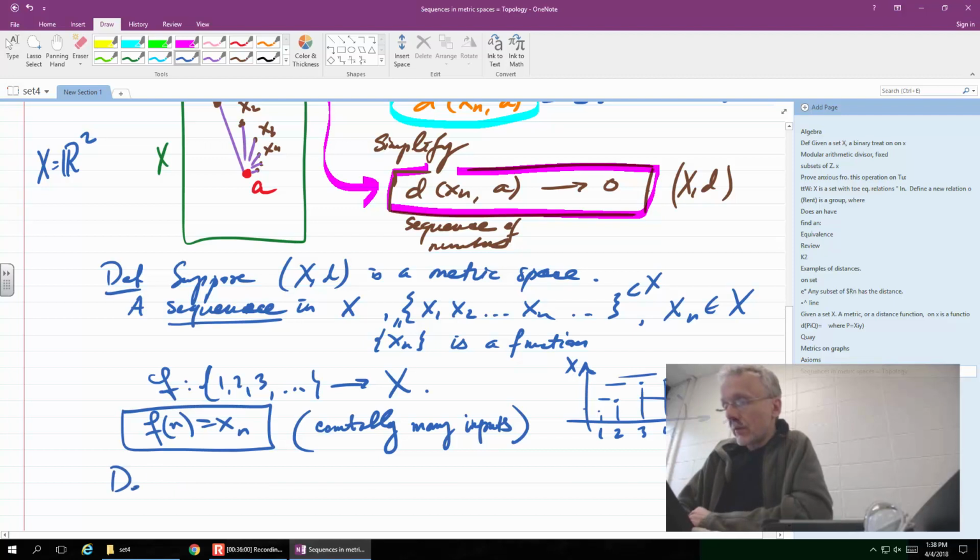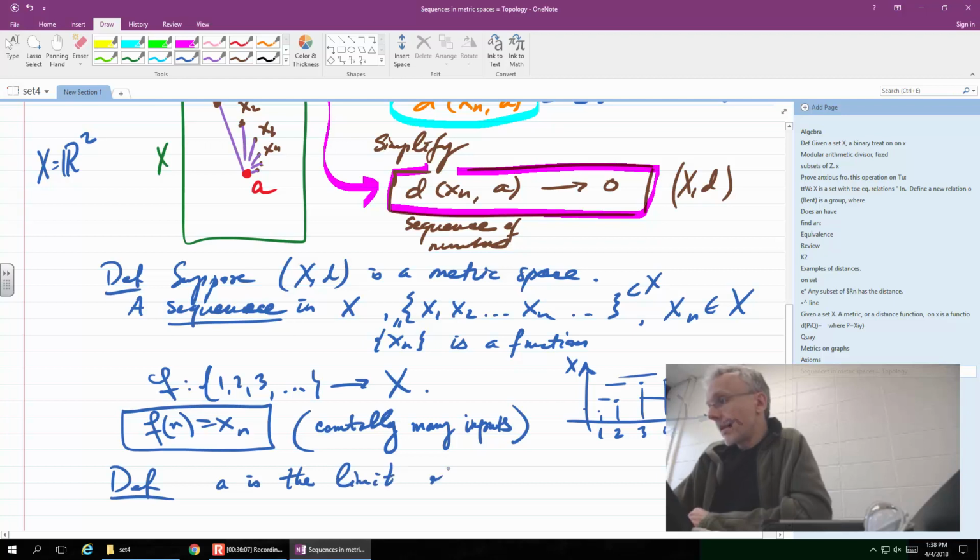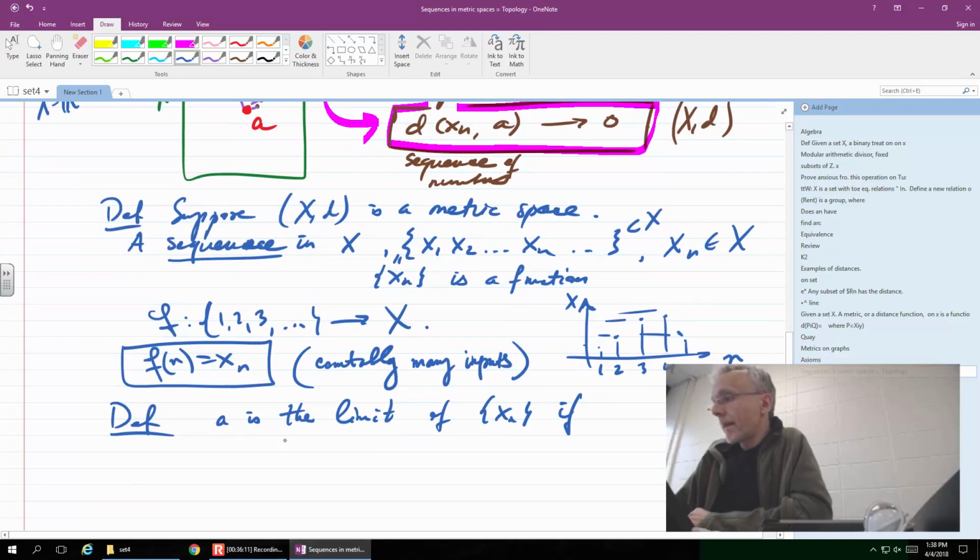And now finally we say that A is the limit of xn if, we know what that is, d(xn, A) converges to 0 as n goes to infinity. Okay?